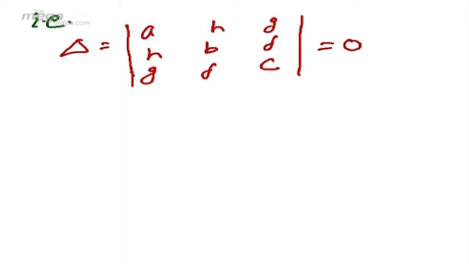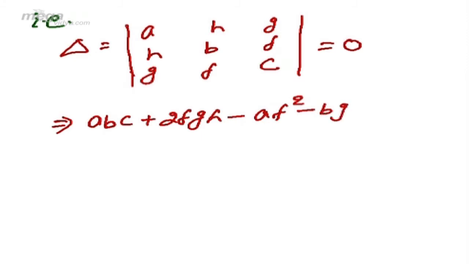After expansion of this determinant, whether expanding along the first row or the second row, you will get ABC plus 2FGH minus AF square minus BG square minus CH square is equal to 0.